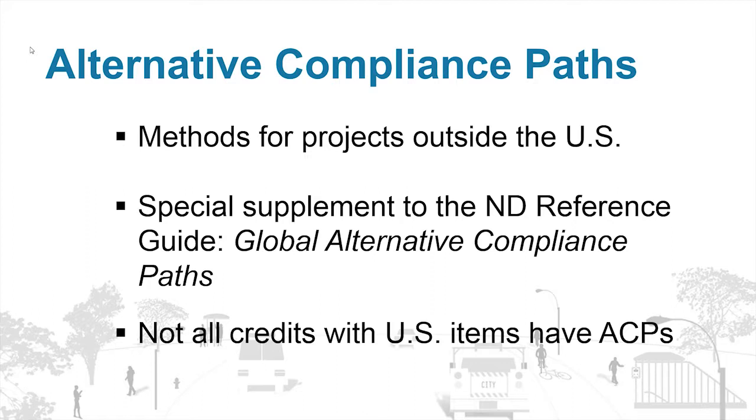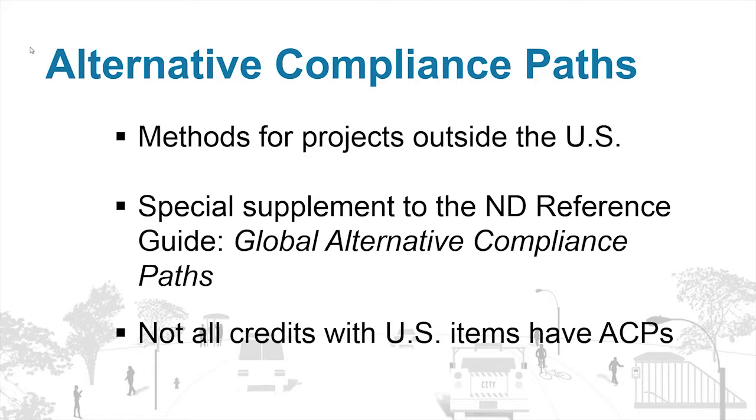It's not a full copy, but instead it just highlights the credits where official ACPs, or alternative compliance paths, have been approved. Also, the reference guide ACP supplement doesn't address every instance of a U.S. standard or practice that an international team may encounter. Instead, it's just an initial edition of what should grow to become a more comprehensive tool in the future.